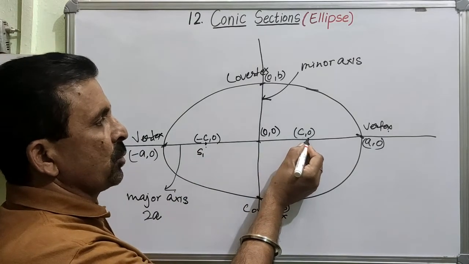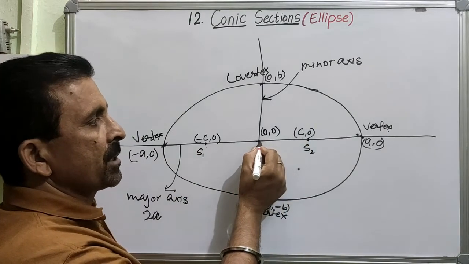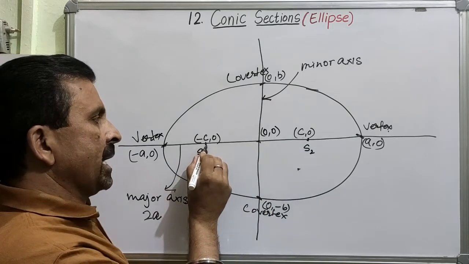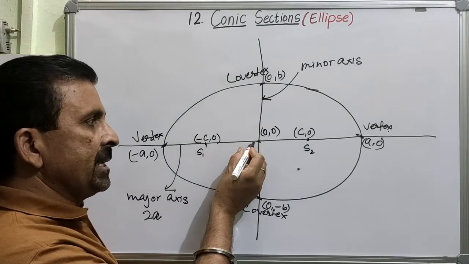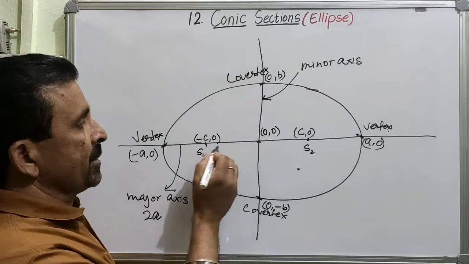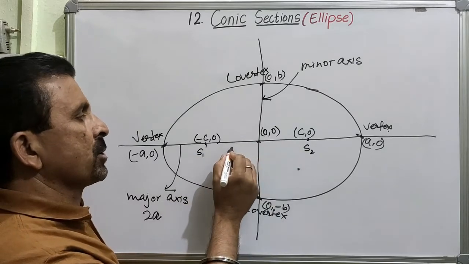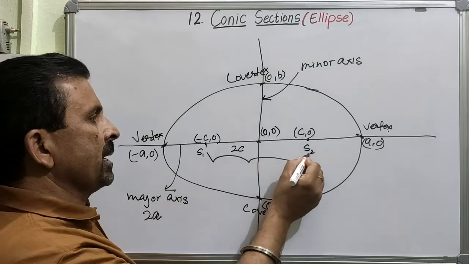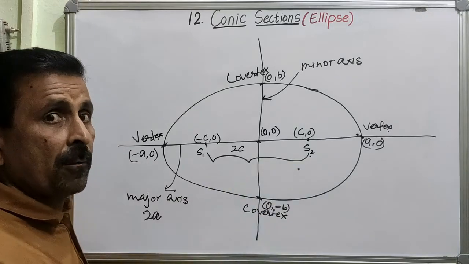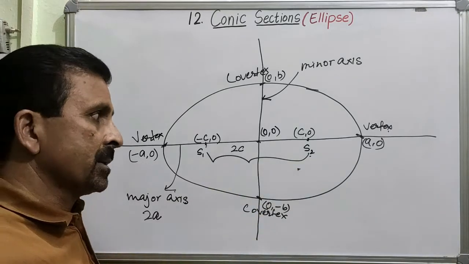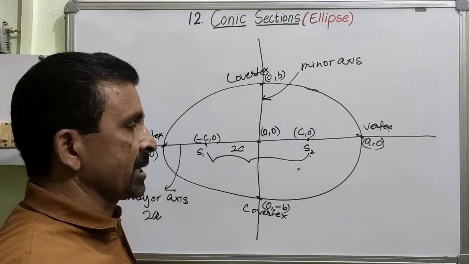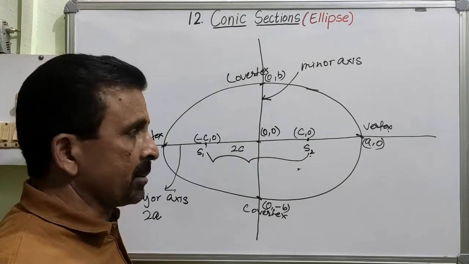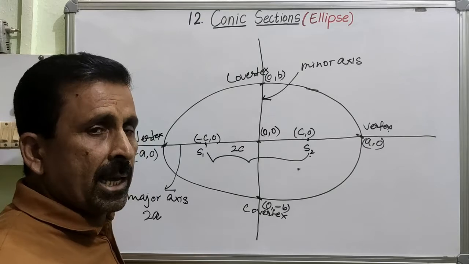Now the next thing that we have is the distance between S1 and S2. This S2 is at a distance of C from the center, and this focus S1 is at a distance of C from the center. That means the total distance between the two will be equal to 2C. The foci is the plural of focus, right?